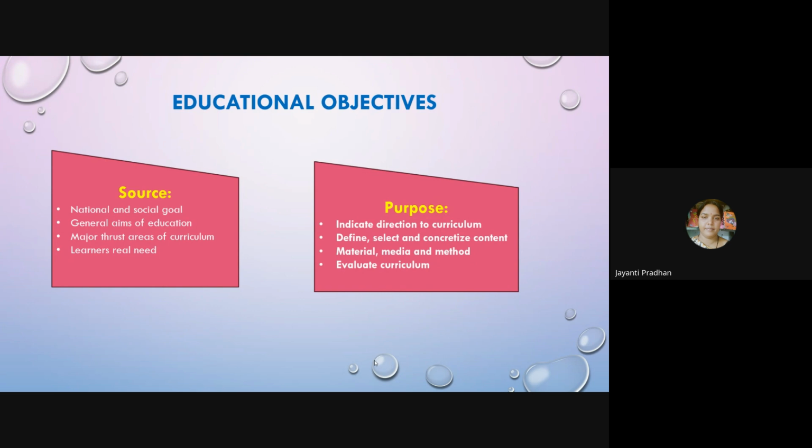Because after independence, with so much struggle we got the independence, and that was not a small period. So due to the effort of the leaders, freedom fighters, we got independence. So the history of India's freedom movement should be placed in the curriculum.